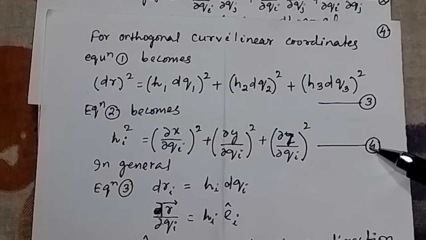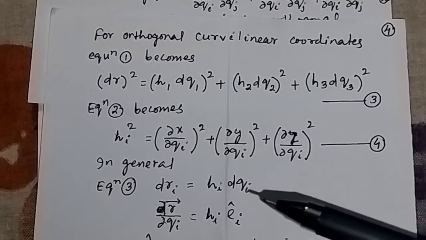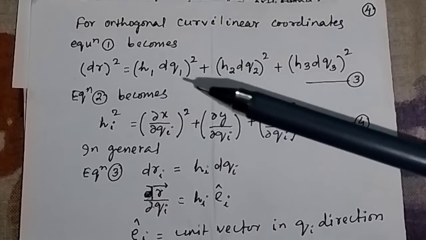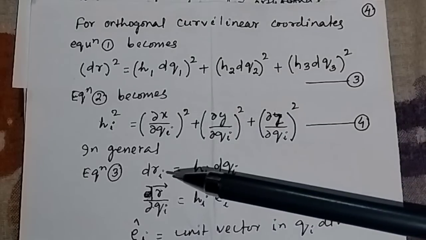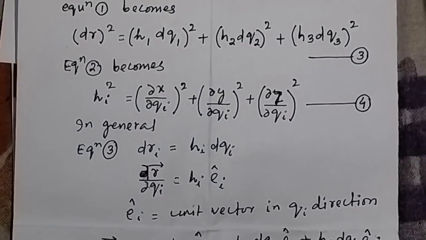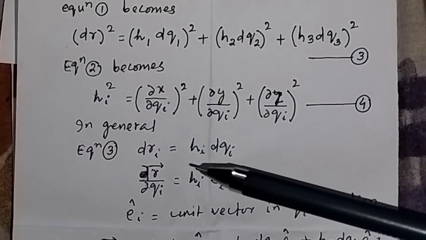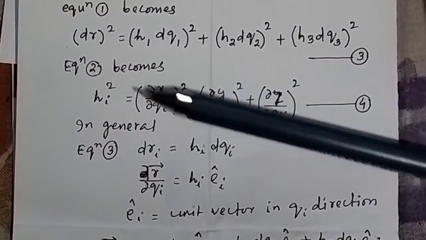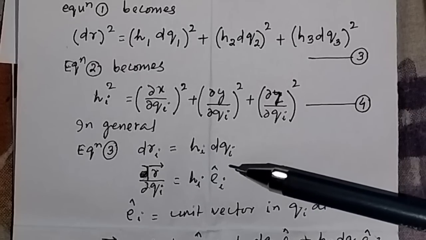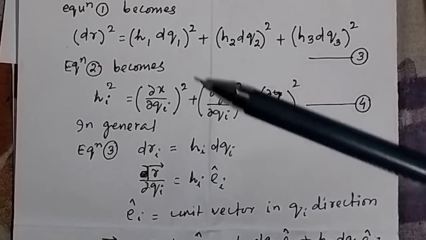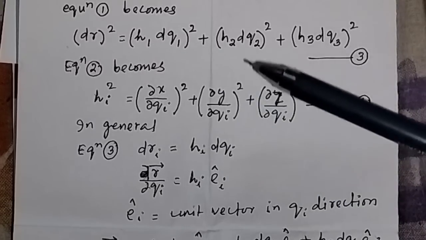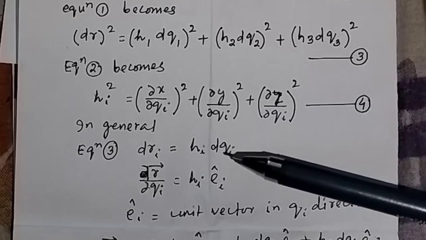Suppose this is equation number 4. So in general, from equation 3, you can represent dri is equal to hi dqi. That means for 1 you write h1 dq1, for 2 you write h2 dq2, like this.